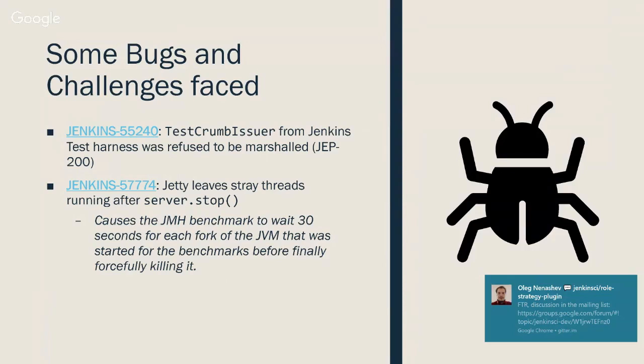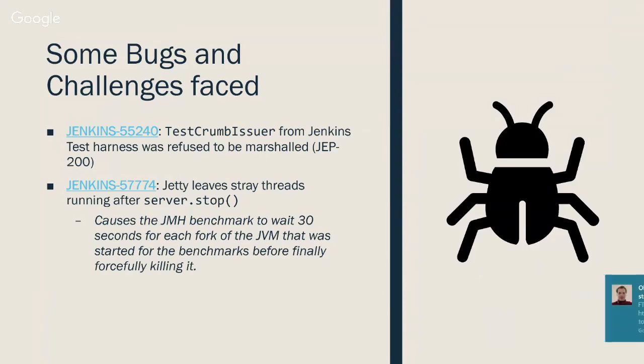The other thing, again discussed on the mailing list, is that when we stop a Jetty server, it leaves some threads behind. After the benchmark is completed, JMH waits for these threads to terminate for 30 seconds, but they do not. They're in the waiting state, so JMH has to forcefully kill the JVM.